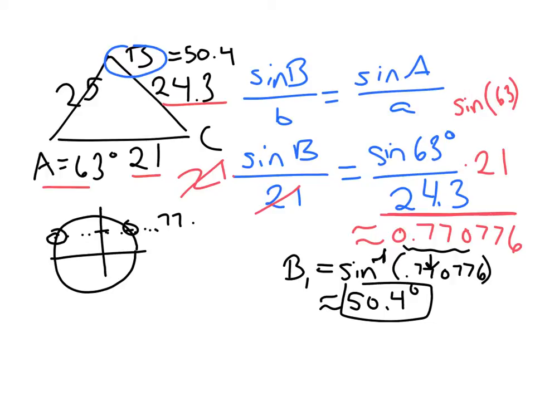Now, if we were considering the possibility of a quadrant 2 solution, we would use reference angles. So we'd say, okay, let me make this reference angle over here. It's got to be the mirror image of this angle over here, but over in quadrant 2. So if this is 50.4 degrees over here, then this is going to be 50.4 degrees over here.